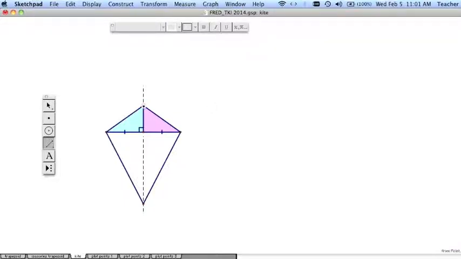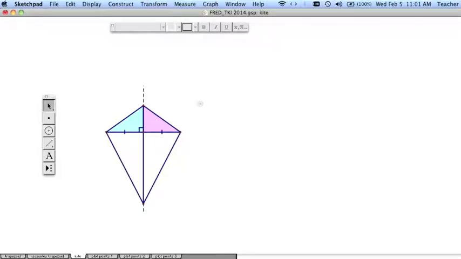Now, it is true that I've got 2 pairs of congruent right triangles, and this diagonal here bisects the other, is the perpendicular bisector of the other diagonal. How about the one that's horizontal here? Is that a perpendicular bisector? Yes. I like half of that definition.